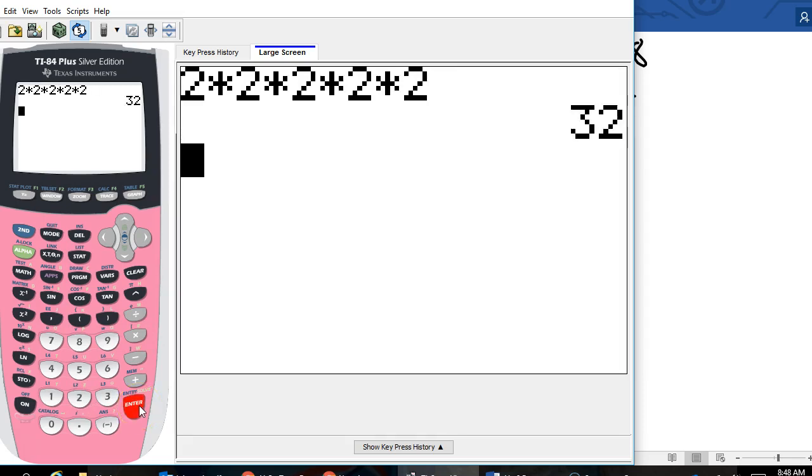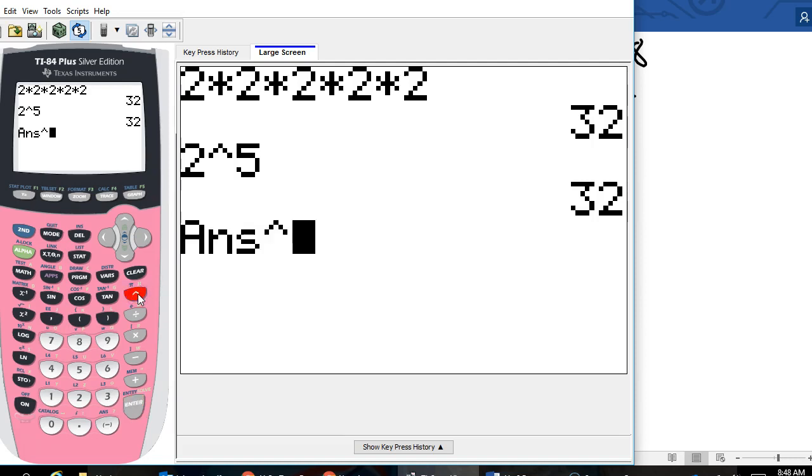It seems a little bit silly. What would be easier is 2 to the power of 5, but it gives us the same answer. So making sure on your calculator you know how to do the power button. On this calculator and most of the Texas Instrument brand calculators, it's a caret. It looks like a little arrow pointing up.